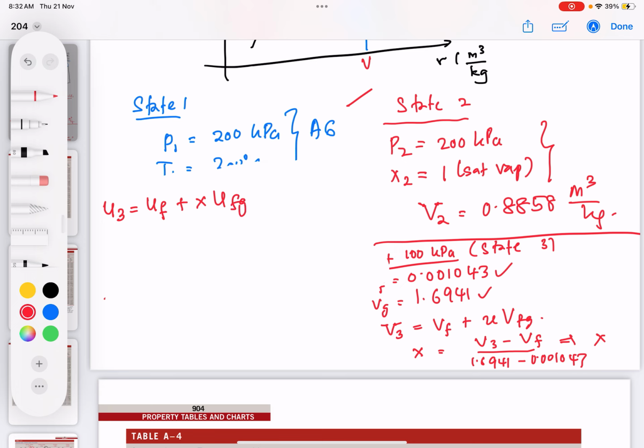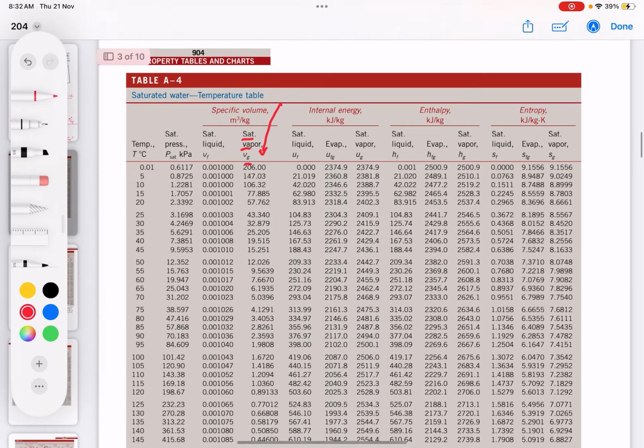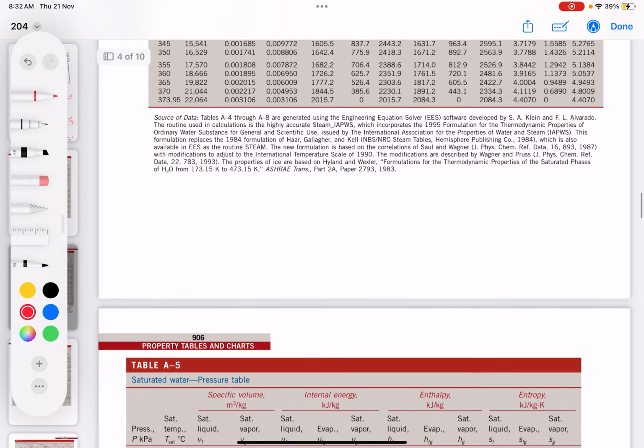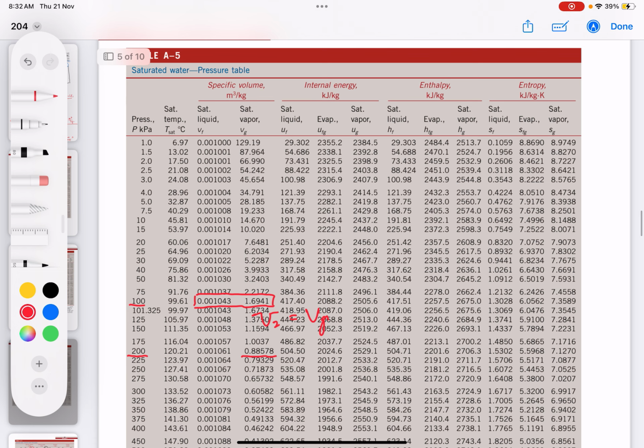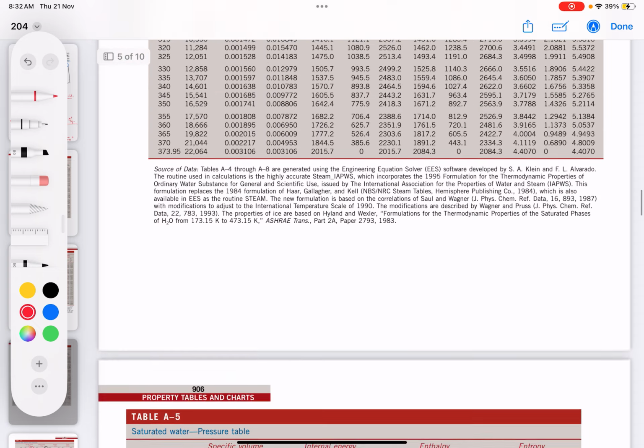The x comes from the calculation before, and Uf you can simply read from the steam table, given that the pressure was 100, so Uf is 417.40, plus x, the steam quality calculated before, multiplied by Ufg, which equals 2088.2.